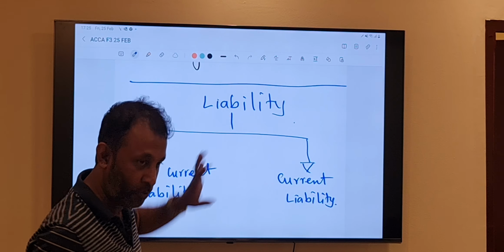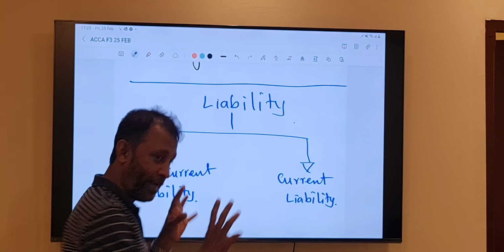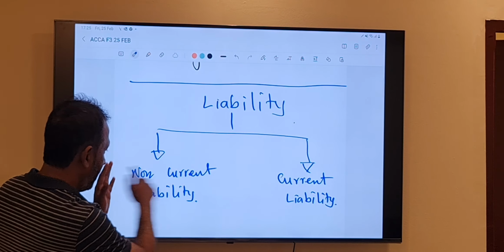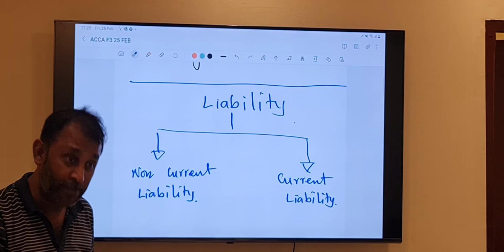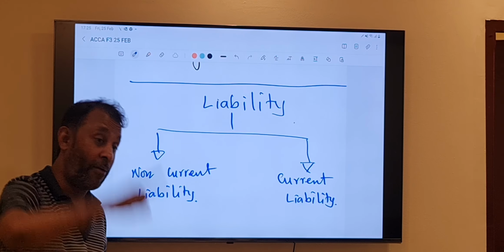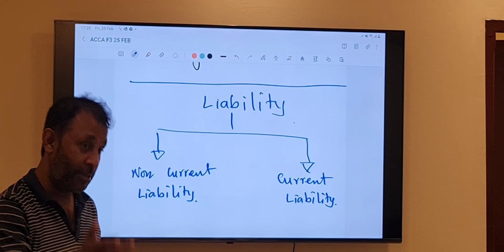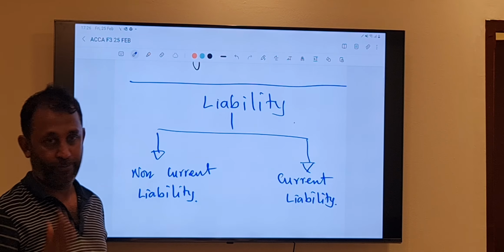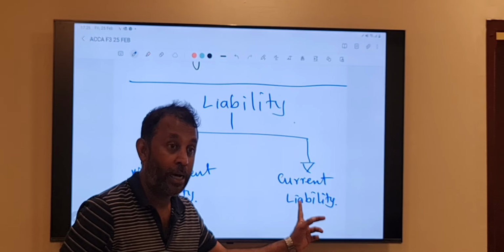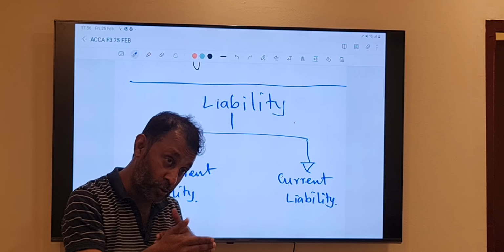Liabilities I know. You understood, right? Now, what we are doing is categorizing this into 2 headings. One, non-current liability, meaning those amounts we need to pay only after 12 months. Bank loan, lease, debenture, those are examples. But current liability, those liabilities you need to pay within a 12 months period.